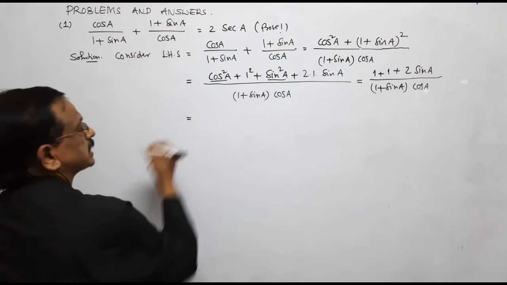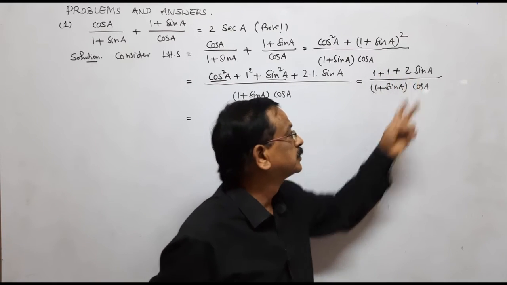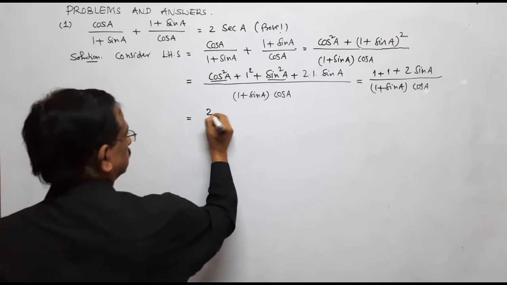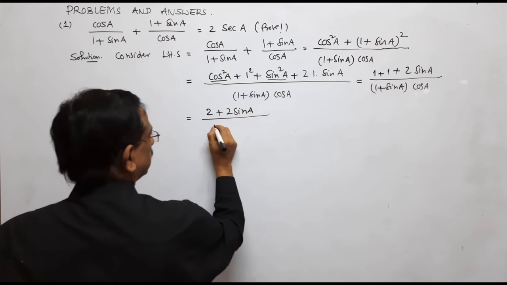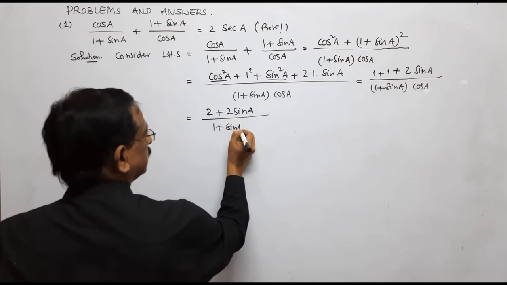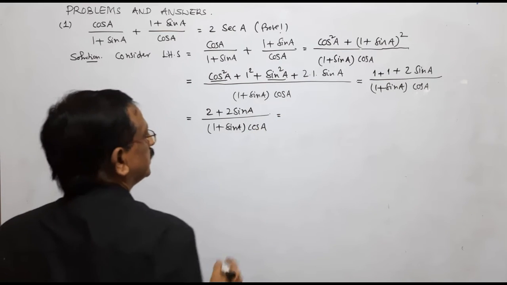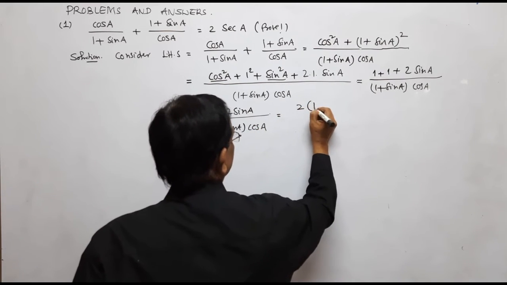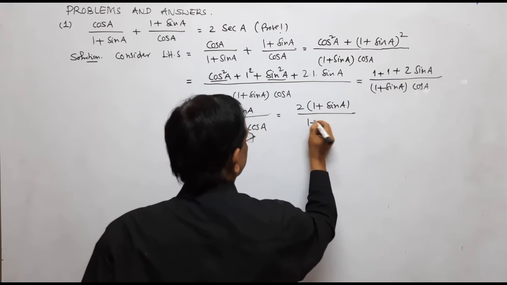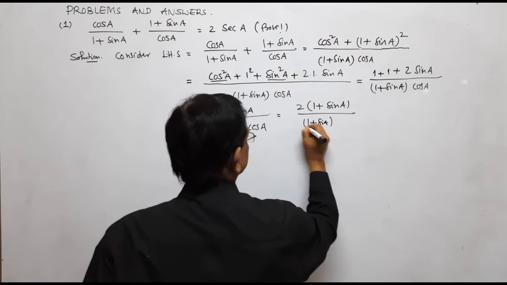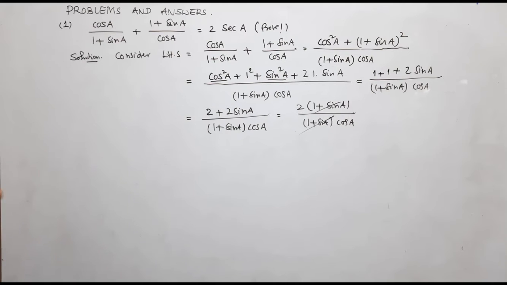On further simplification, I have 1 plus 1 is 2, 2 plus 2 sin A by 1 plus sin A into cos A, which is equal to, I'll take 2 common, I'll get 1 plus sin A by 1 plus sin A into cos A. I can cancel 1 plus sin A and 1 plus sin A, they are the same factors.